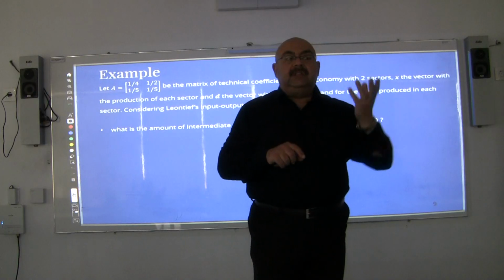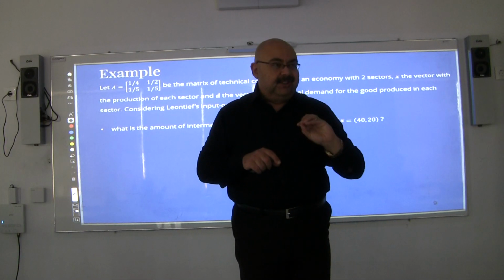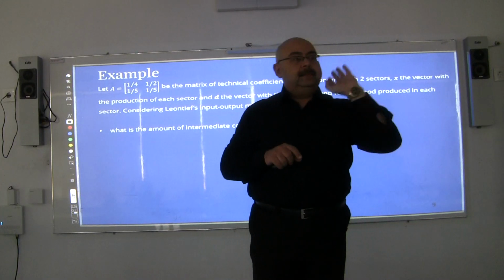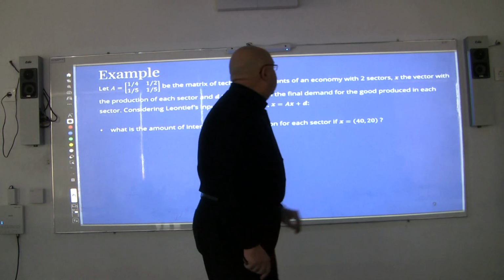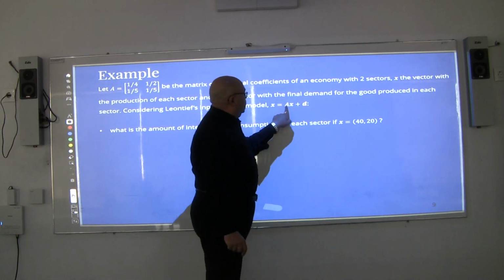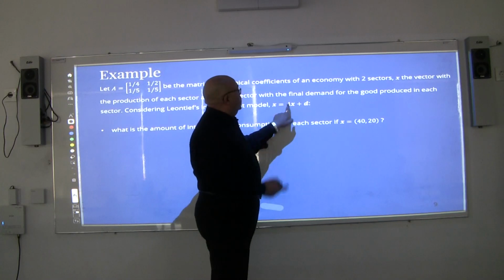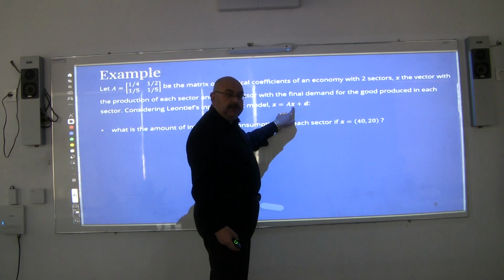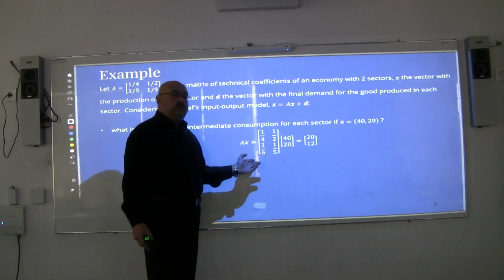Once more, what's the intermediate demand? The percentage that will be exhausted during the production of the other sectors. How to bring it? It's really very simple. All I have to do is to multiply A, which is the technical coefficient matrix, times X, which is the production. So I will multiply these two matrices together.